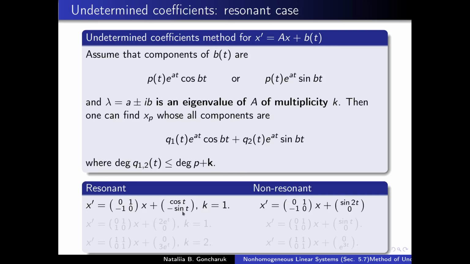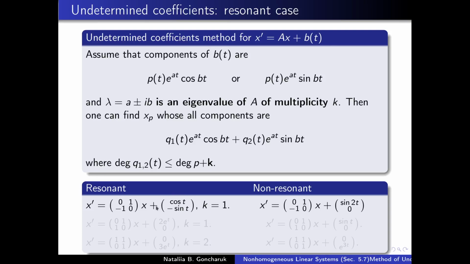So let's take this example. A is 0, 1, minus 1, 0, and B is cosine t, minus sine t. Now, this value of lambda related to B is plus and minus i, and it is the eigenvalue of A. i is the eigenvalue of A, it is not repeated, so k is 1.